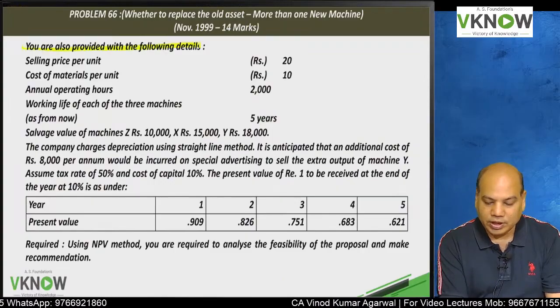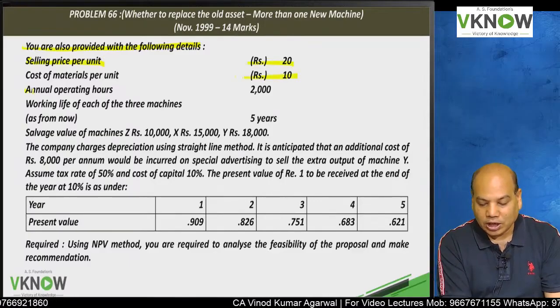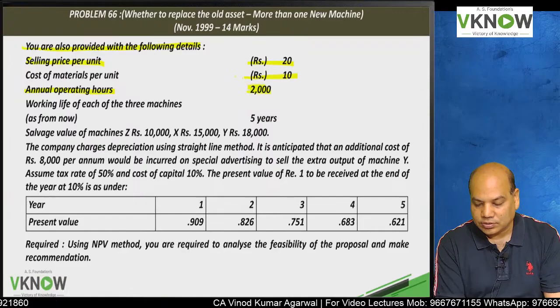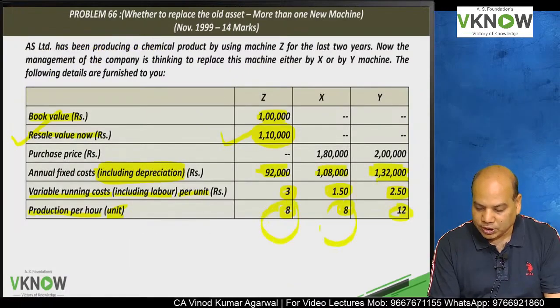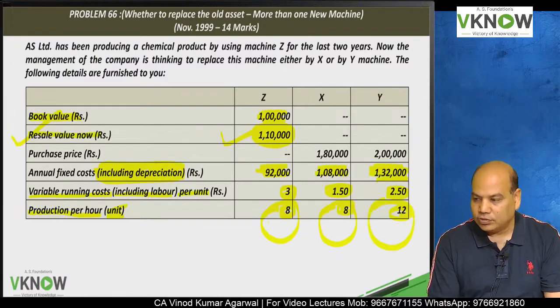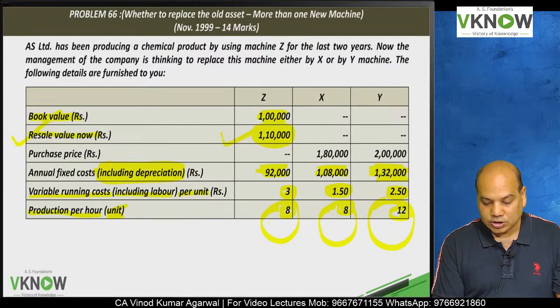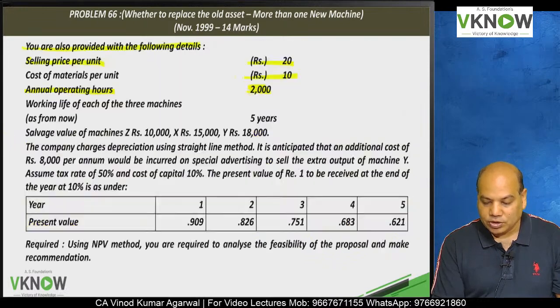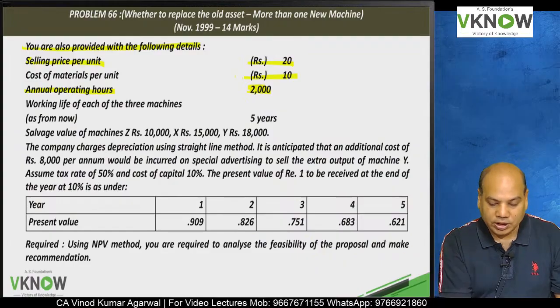You are also provided with the following details. Selling price is 20, material 10, annual operating hours 2000. 2000 hours into production per hour will give you total production, total quantity. Once you get the total quantity per annum, then you can do the remaining calculation.